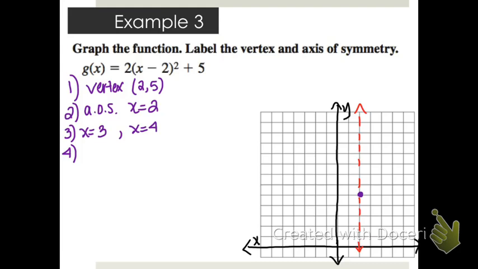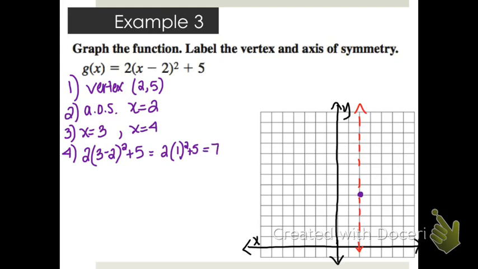So plugging into my original function, I have 2 times (x, I'm going to put 3, I'm doing x is equal to 3 for this one) minus 2 squared plus 5, which is equal to 2 times 1 squared plus 5, which is equal to 7.